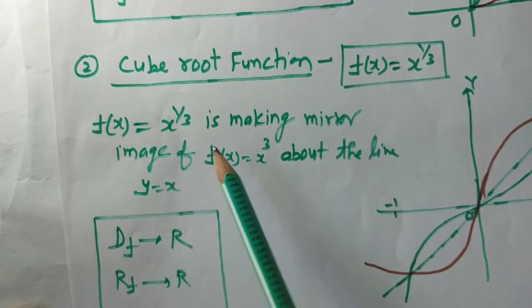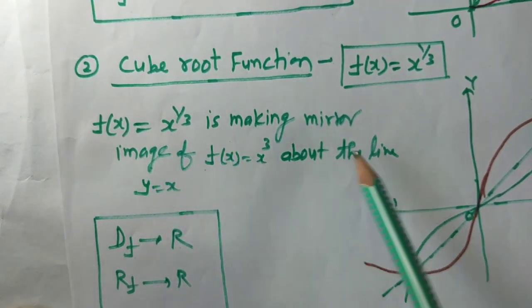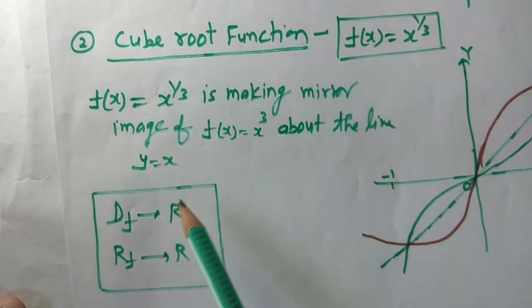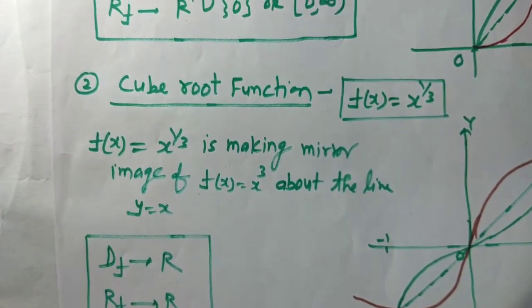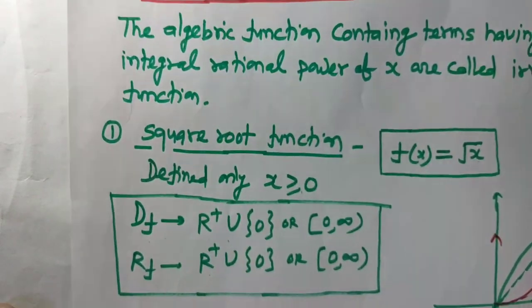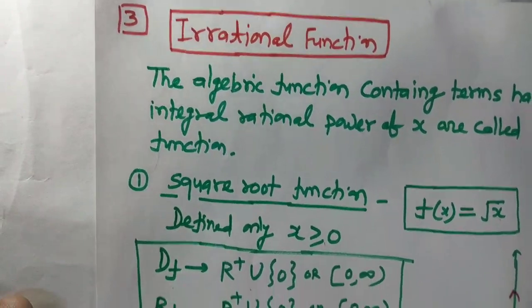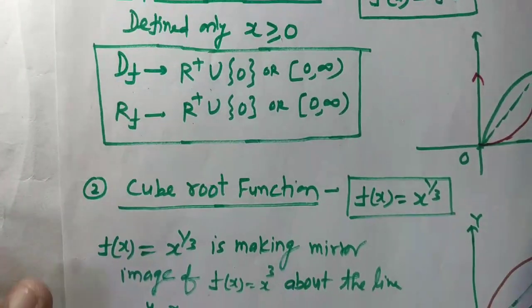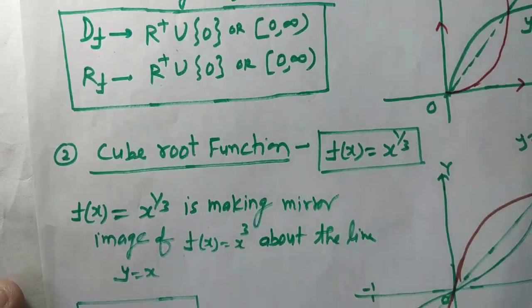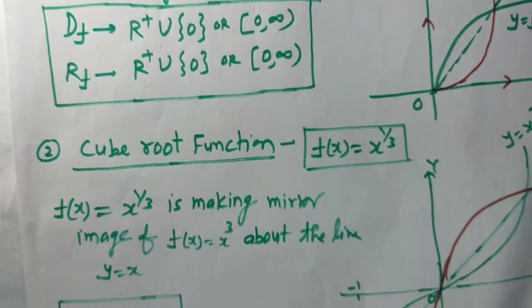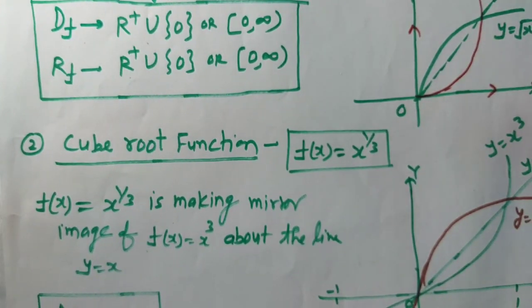This simply makes a mirror image about the line y = x. So domain and range both are equal to R. So all this was discussing the algebraic functions. In the next video lecture, the next topic will start, and I will explain piecewise functions.